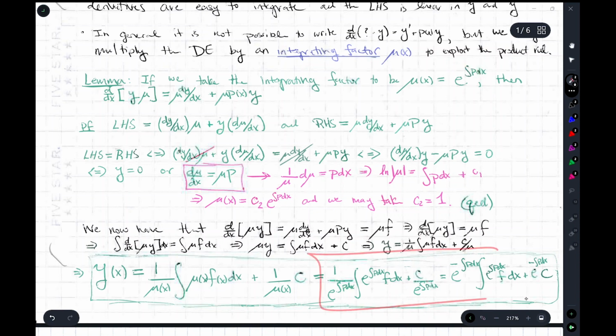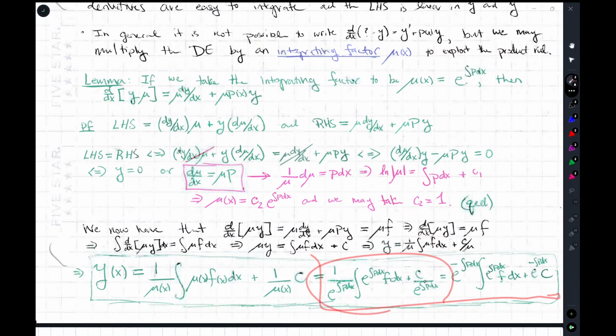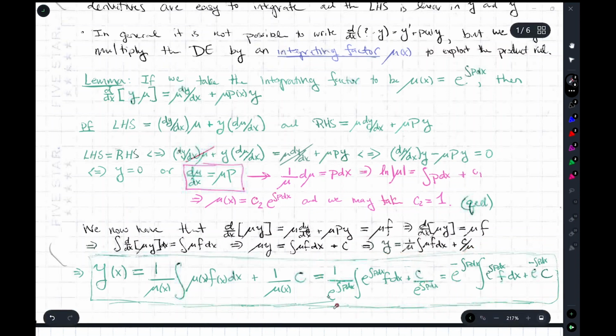So here's a complete solution to this problem. Okay? Instead of e to the integral p dx, we could just put that minus, because 1 over e to the integral is equal to e to the minus integral, okay? And that's all that's going on on the right-hand side. We do it for this and that. But basically, this or this is a formula purely in terms of x.